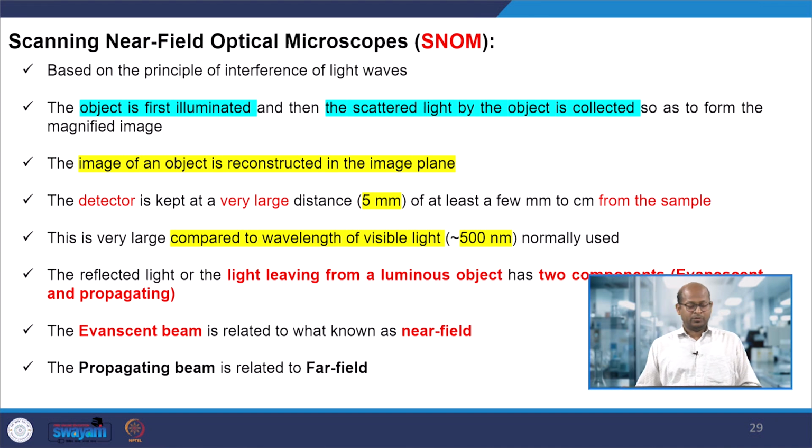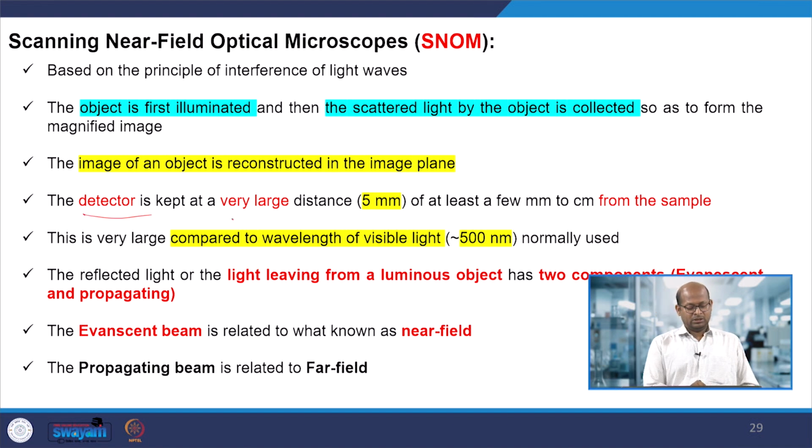Okay, so here the basic principles of SNOM, that we are going to discuss. Whatever materials we prepare, the surface topography we can get in the form of an image.